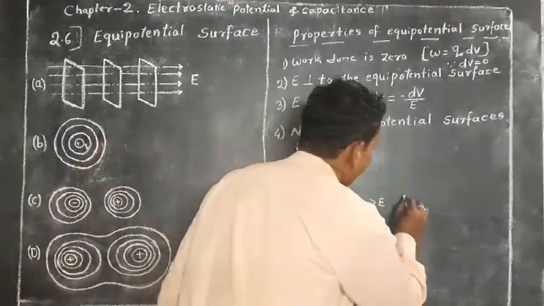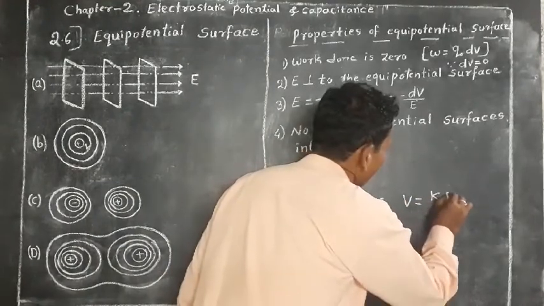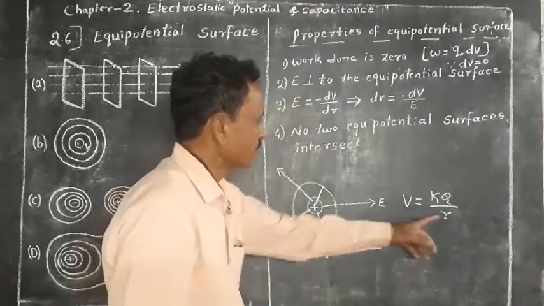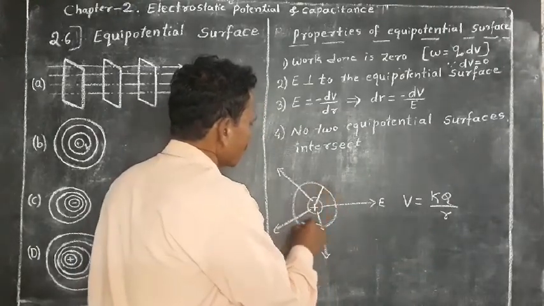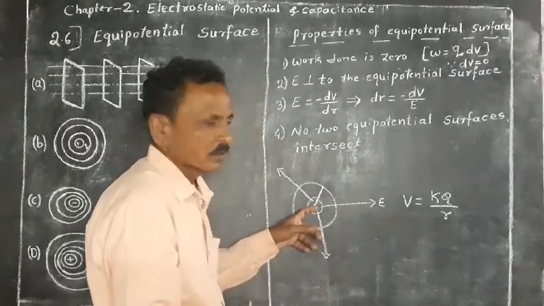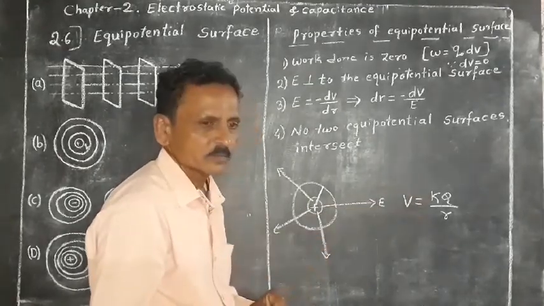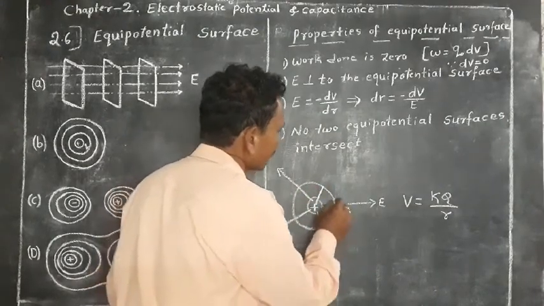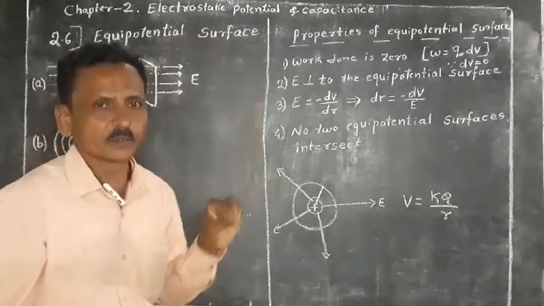Potential at any point is given by phi equal to k q upon r, where r is the distance of the point. The distances of all points on this surface from the center remain the same, the charge is the same, and k is constant. Therefore, the potential at any point on this surface remains the same. Such a surface is called an equipotential surface.